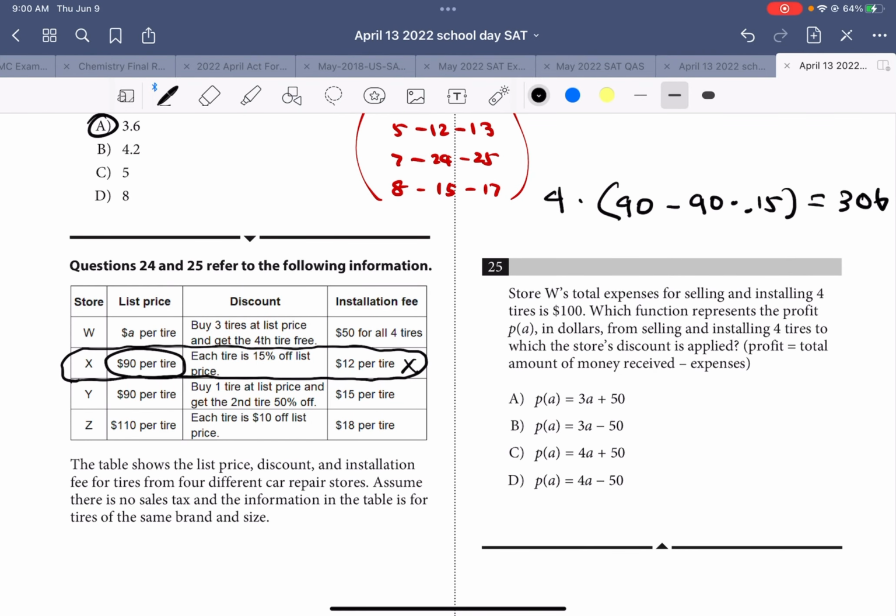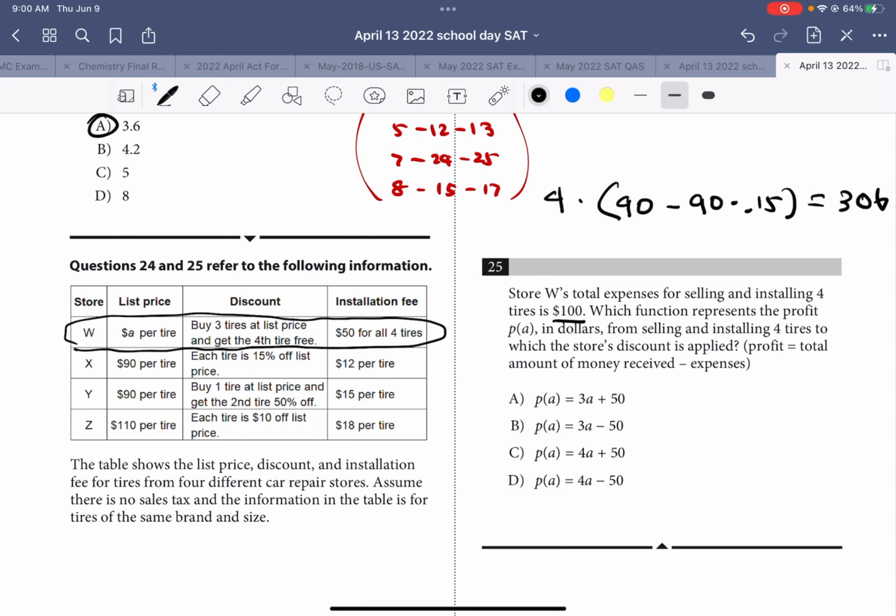Now look at number 25. Now store W, so I'm going to look at this here. Total expense for selling and installing 4 tires, $100. Which function represents the profit, P of A, in dollars from selling and installing 4 tires to which the store's discount is applied? So profit equals total amount of money received minus expense.